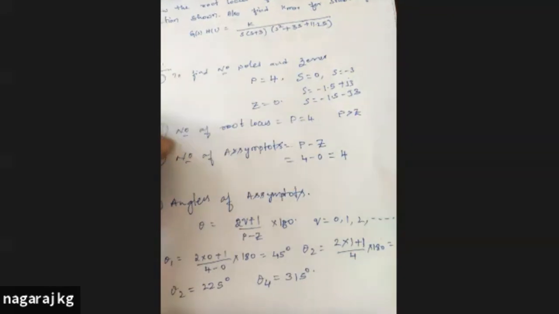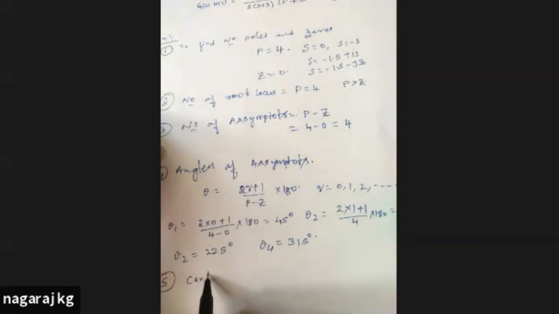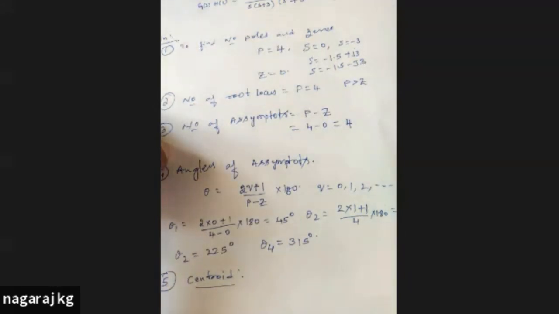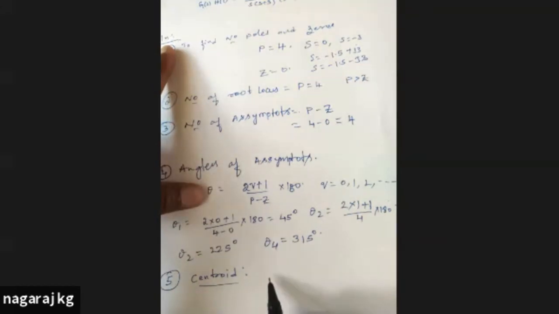Next, the fifth step is to find the centroid. Centroid is the center point from which these asymptotes are drawn. These 4 asymptotes are drawn with the centroid as the center point. So how do we get the centroid point?